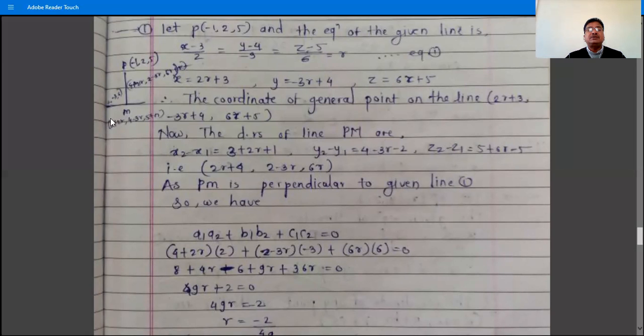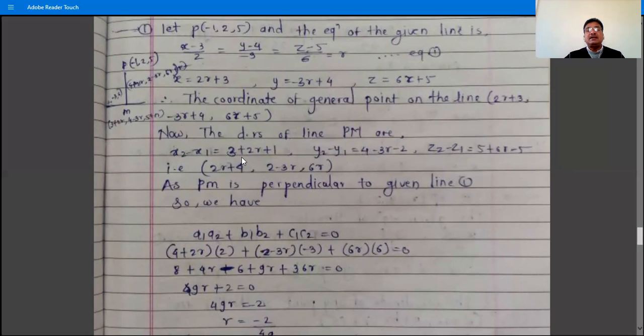So the direction ratios of the line PM are 3 plus 2r minus (minus 1), comma, 4 minus 3r minus 2 is the second value, and comma, 5 plus 6r minus 5.